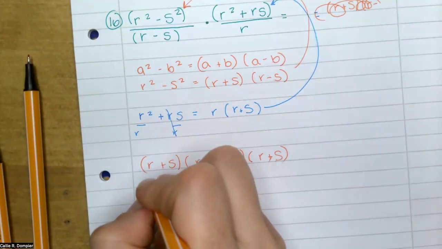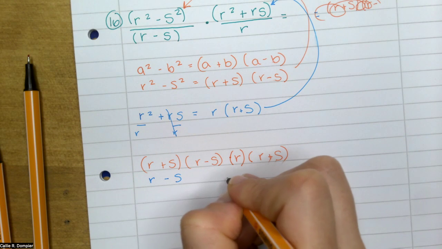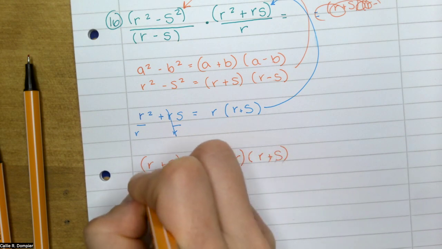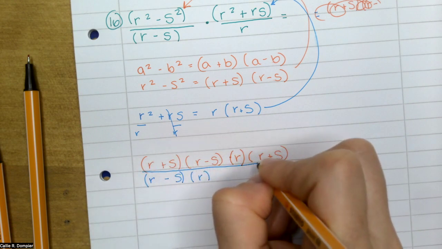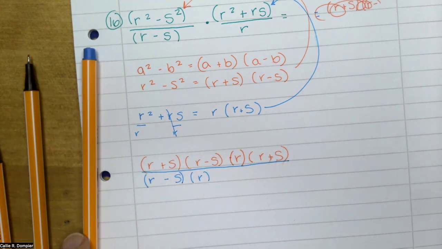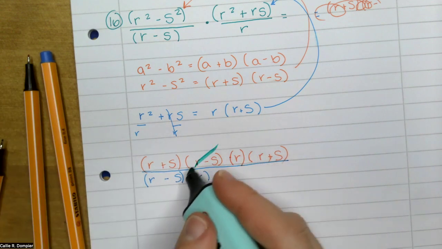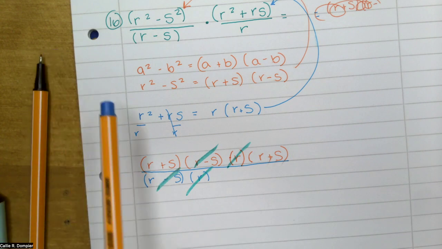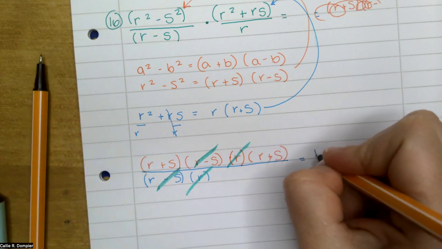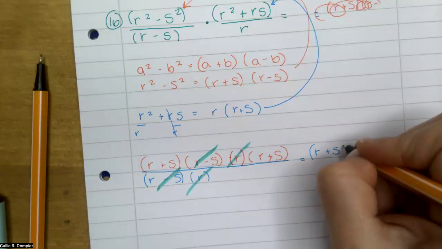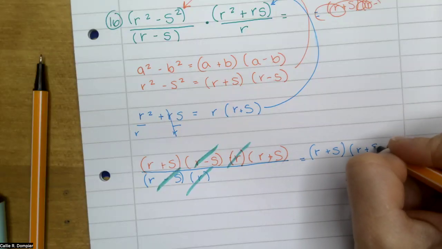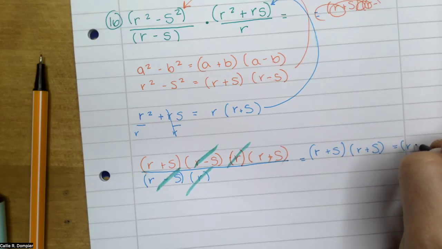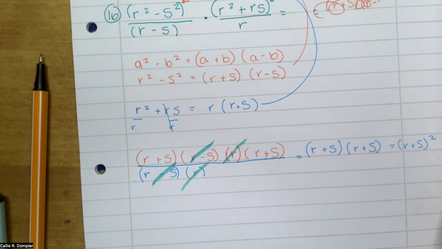And then the bottom, we've got r minus s times r. Now you just simplify if possible, right? That's common to the top and the bottom. That's common to the top and the bottom. So what we are left with is r plus s times r plus s, which you can simplify to r plus s squared if you want.